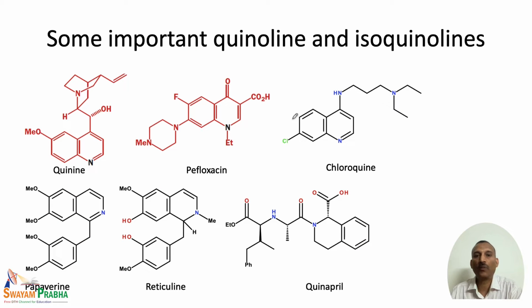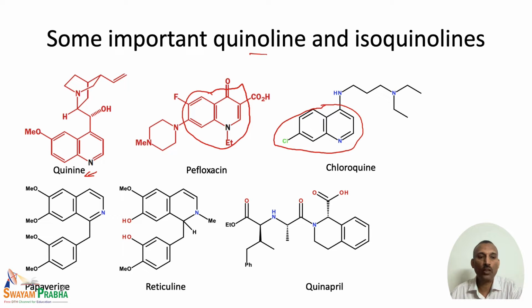Here are some of the important quinoline and isoquinoline structures. As we have seen, quinine has a quinoline structure, and the next compound again has a quinoline structure. This is the basic quinoline moiety, and chloroquine also has the quinoline moiety. So the top 3 compounds have the quinoline moiety.